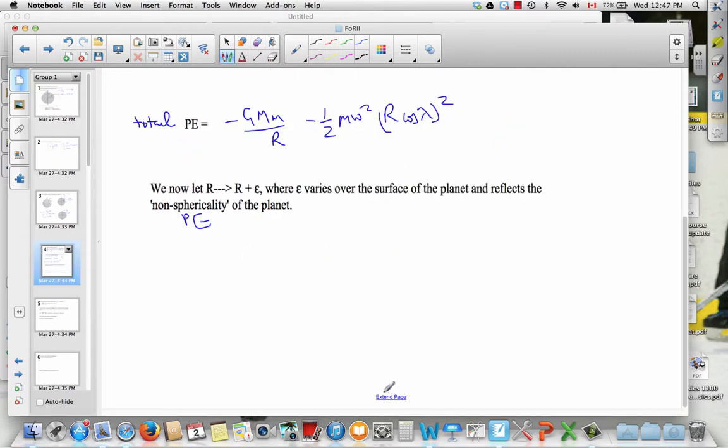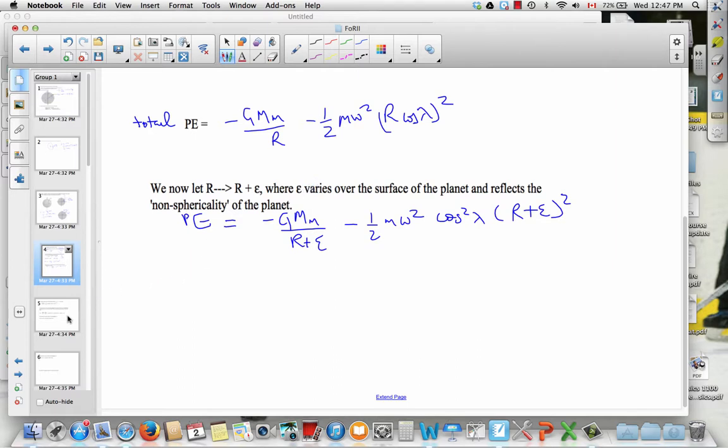It's negative G, big M, little m, over R plus epsilon. Big R is a constant, epsilon's a variable, minus 1/2 m omega squared cos squared lambda, R plus epsilon squared. Now epsilon's going to end up being a function here. It's going to vary over the surface.